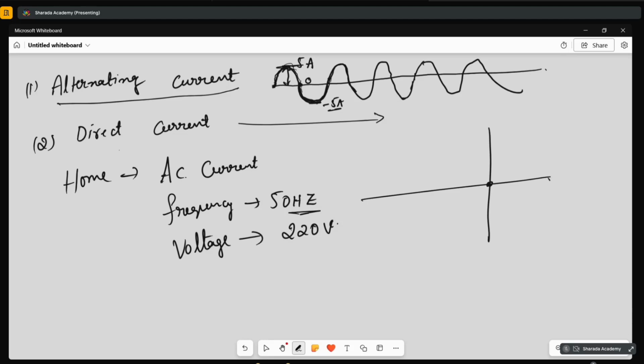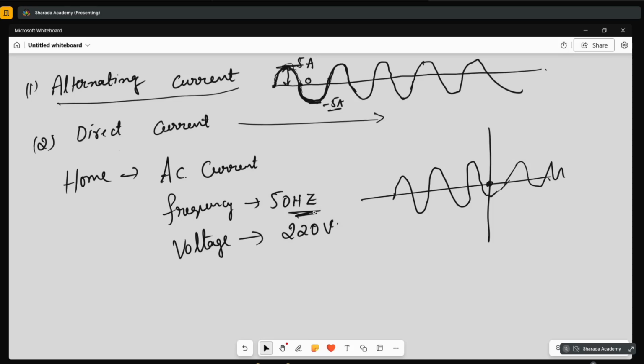See here, at one point, consider how many complete cycles can move out of it. Consider one point. So how many cycles will move through that point in 1 second? Whatever we get here, that is 50 hertz. That means 50 complete cycles will move past 1 point in 1 second. So that is why it is called 50 hertz.